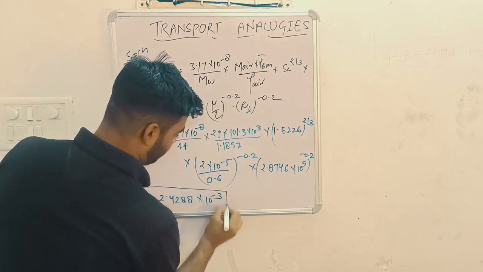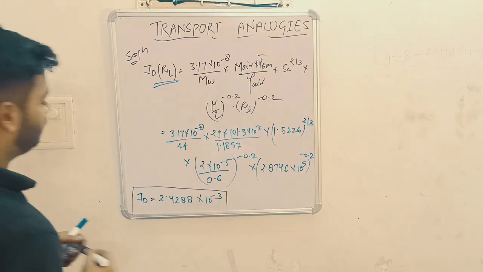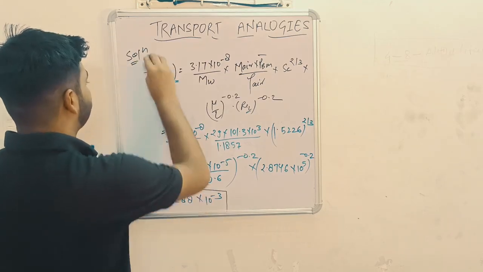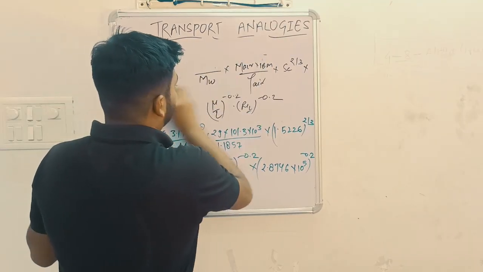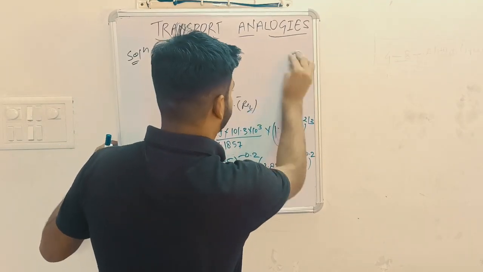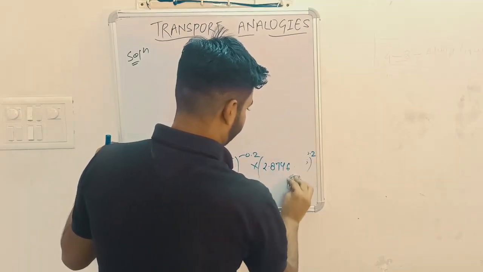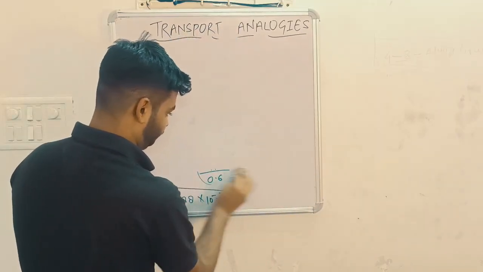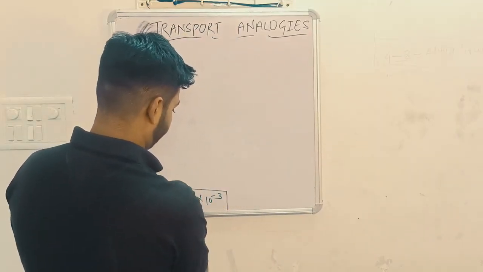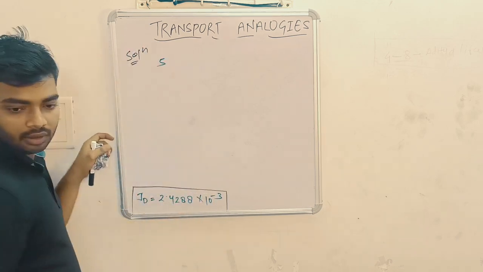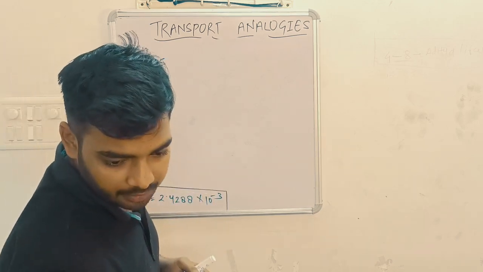So this is the value of JD that we got. From here we will calculate Schmidt number for mass transfer.